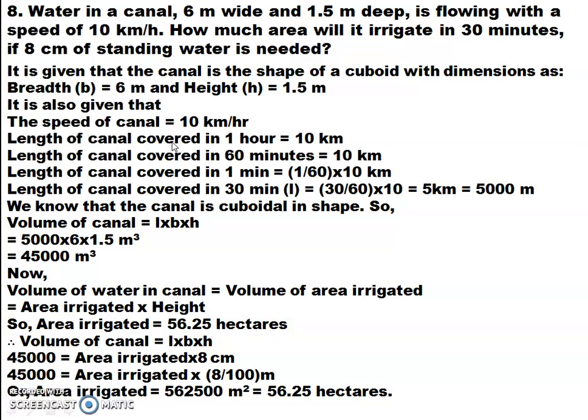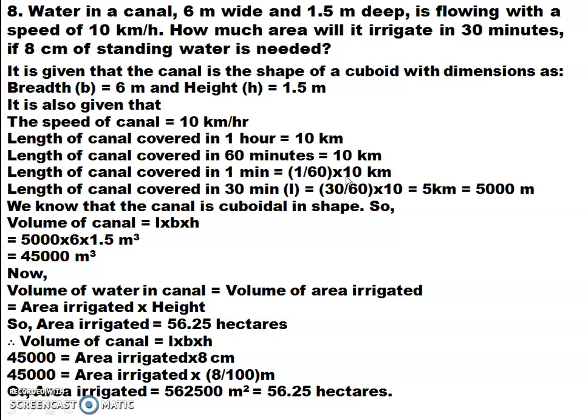Length of canal covered in 1 hour is equal to 10 kilometer. That is what you call as speed, isn't it? Length of canal covered in 60 minutes is equal to 10 kilometer. So what will be the length of the canal covered in 1 minute? 10 by 60, isn't it?